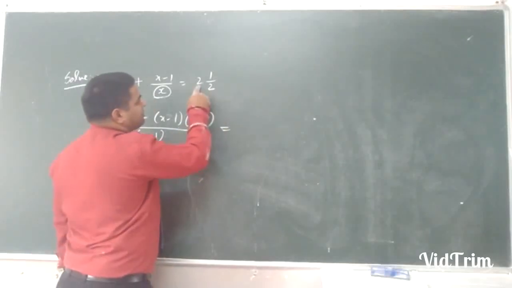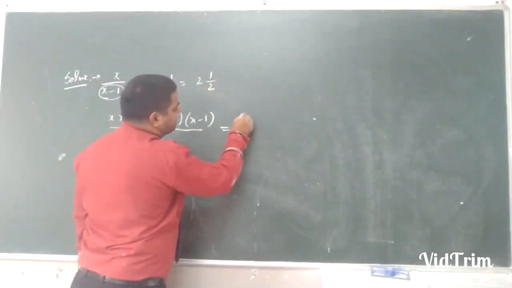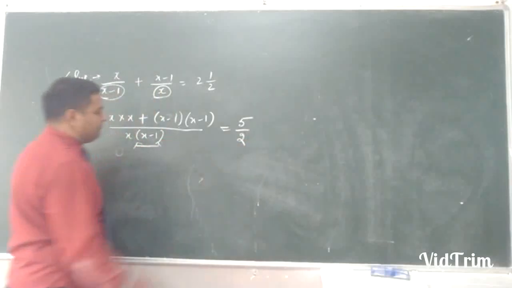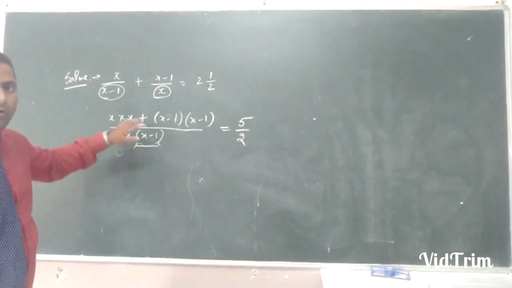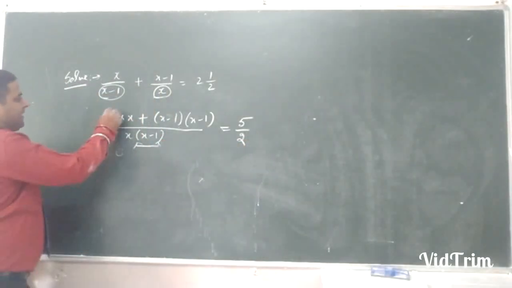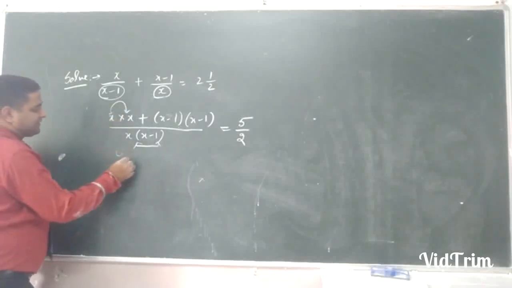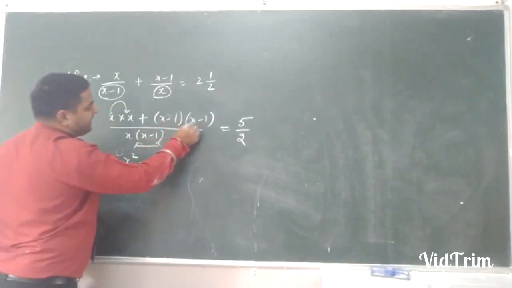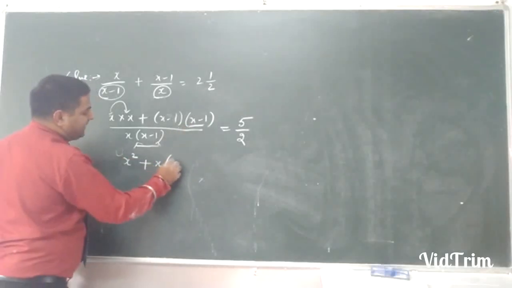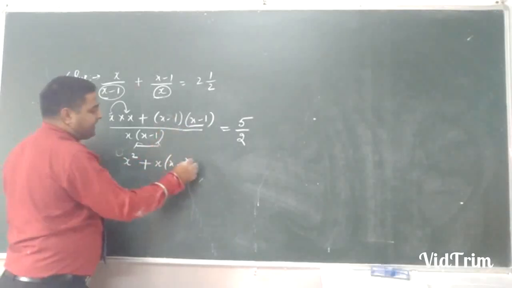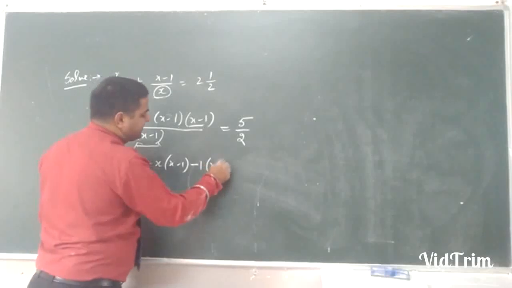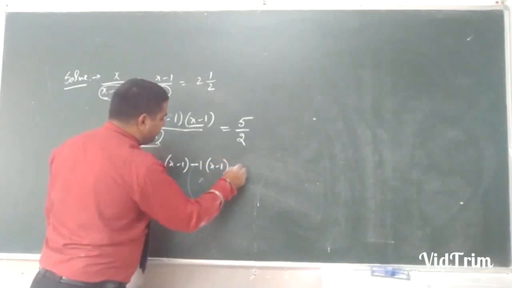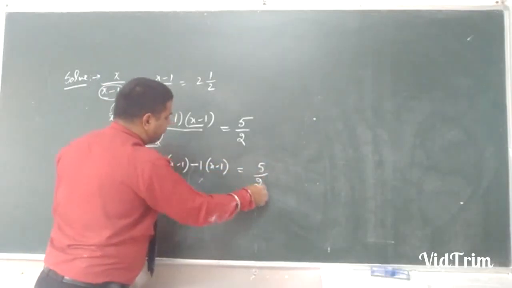Equals 2 into 2 plus 1, that is 5 by 2. Now open the brackets. X into x is x squared, plus x into x minus 1, then minus 1 multiplied with x minus 1 equals 5 upon 2.